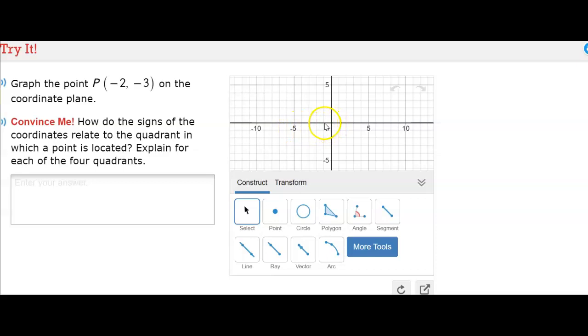The next line here is -1, -2, -3, -4, and so on. So -2 on the x will be 1, 2, will be here, and then -3 goes down. So we go down 3, so 1, 2, and then 3. So I'm going to put my point here. That's going to be my point for -3. So that's all they asked us to do, was to graph it.